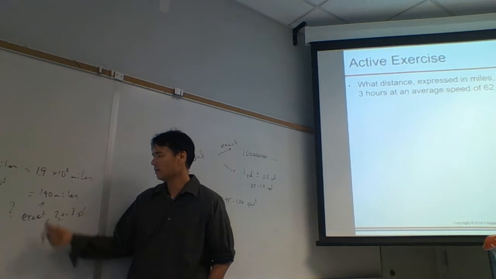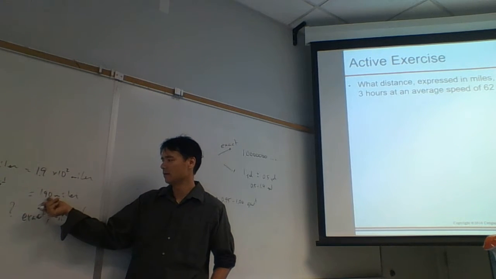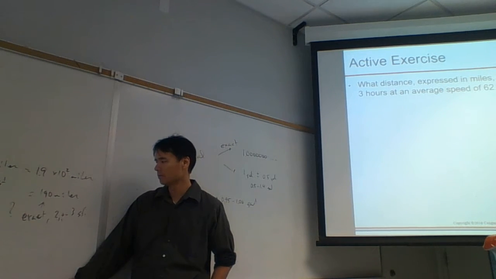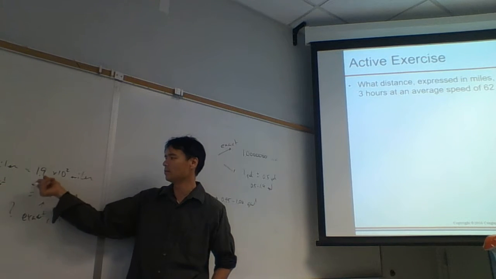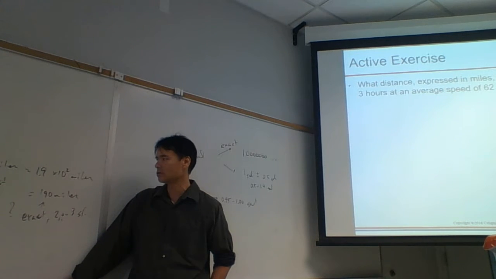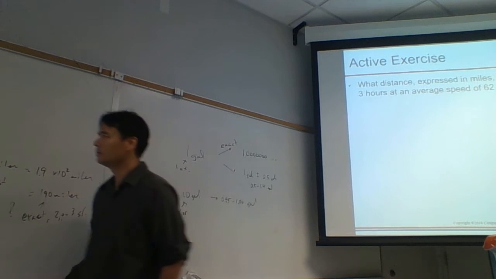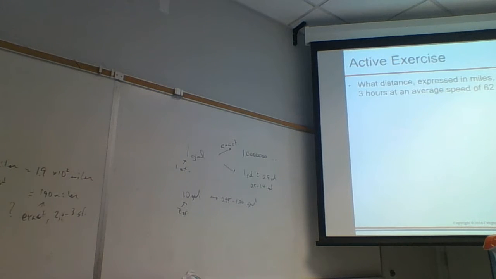So usually when you have a number like this, the 0 doesn't count. That's why some people write it in scientific notation to make sure that the correct precision is given. And so what we want is we want the answer to reflect the precision of our givens.